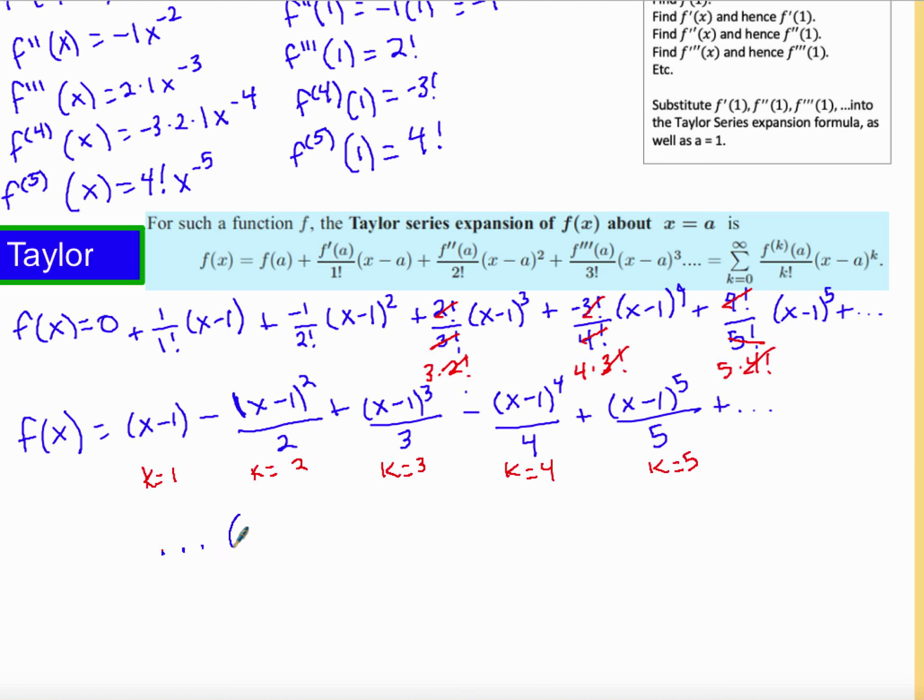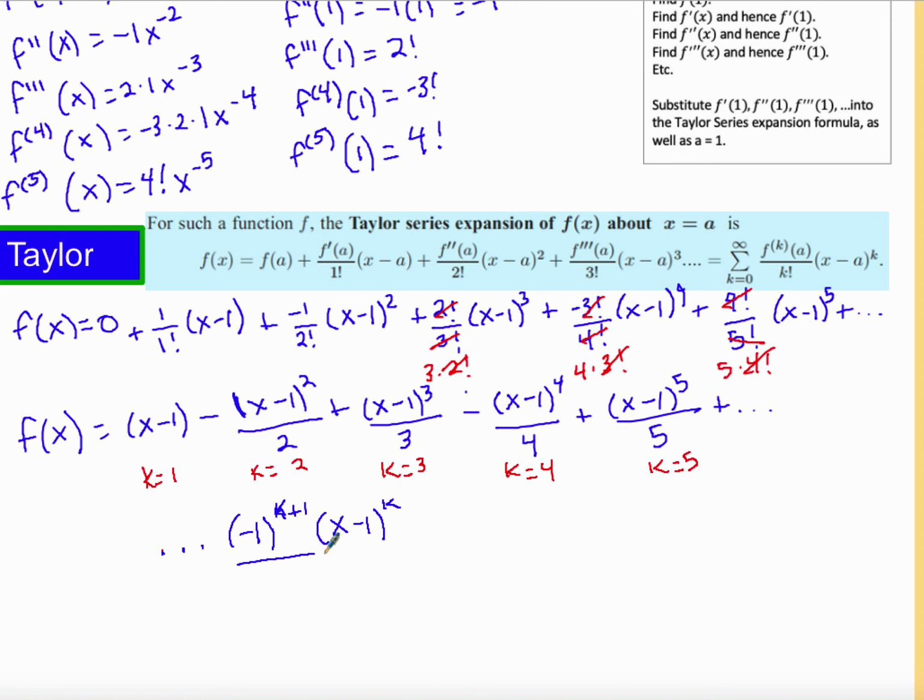I'm going to have that alternating series. Since I'm starting at 1, I'm going to need an n plus 1 or k plus 1, however you like it. Yeah, let's go ahead and make it a k. Okay. Then I've got my x minus 1. Very good. And if this is k equals 1, oh, this is an exponent of 1. This is k equals 2. This is an exponent of 2. So I'm going to raise this to the k power.